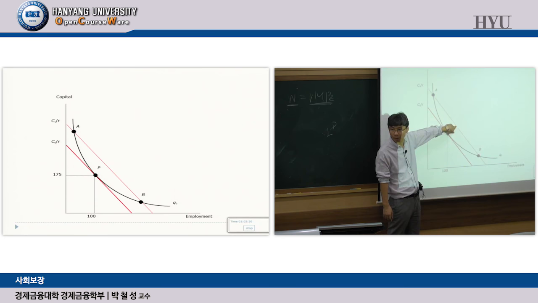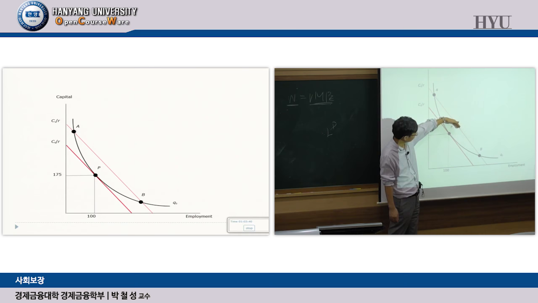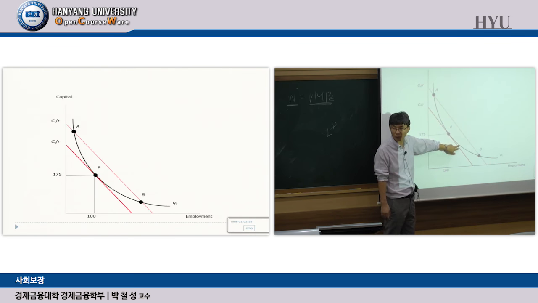Now you should ask, can I find a cheaper way to produce Q0? Then A and B. So what you do is try to shift this isocost line inward, right? You just push it down and push it down, but you should not go over.